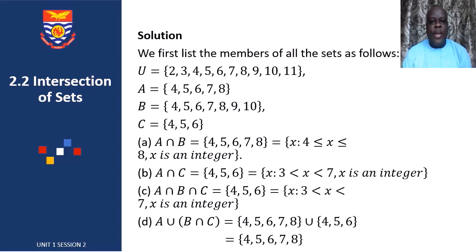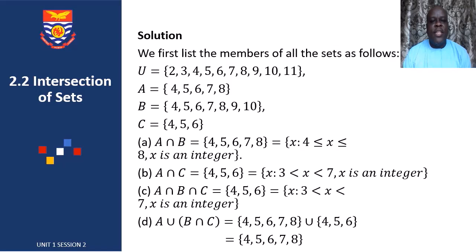We have to again list the members of the various sets that have been given, and we start with the universal set, and it is made up of 2, 3, 4, 5, 6, 7, 8, 9, 10, and 11. Then we come to set A, which is made up of 4, 5, 6, 7, 8.